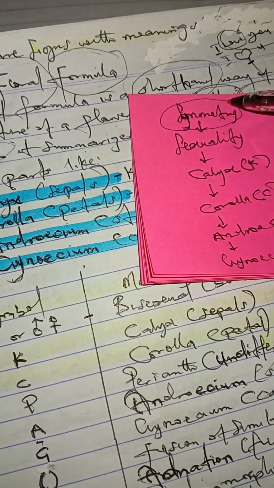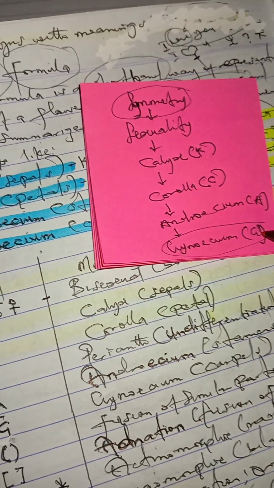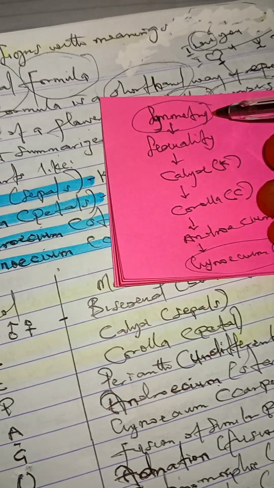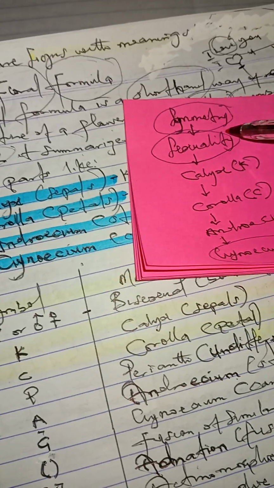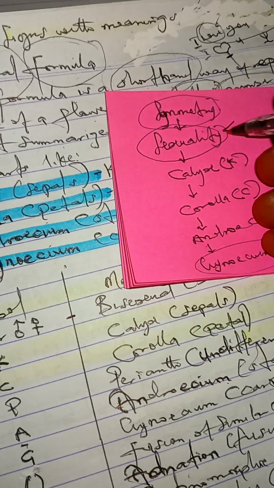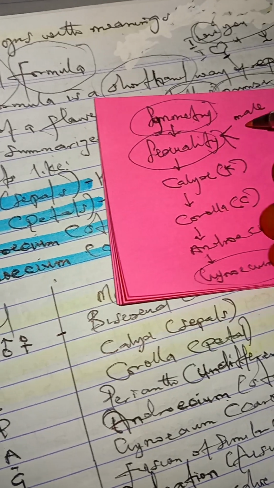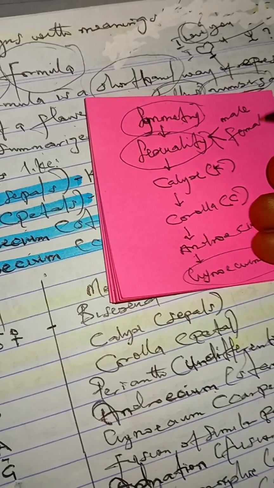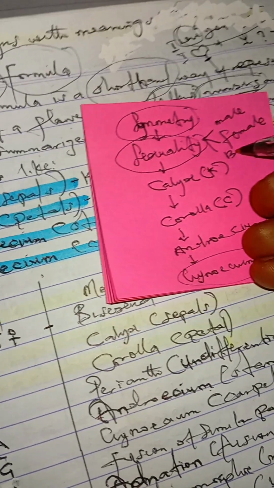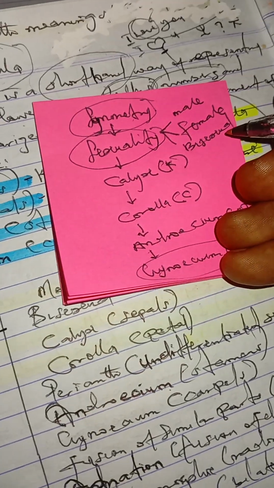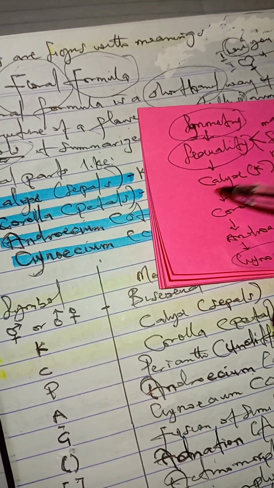Symmetry will always come first. Gynoecium will be the last. When symmetry comes first, which is about the body division, what comes next is sexuality. Sexuality talks about gender, whether it is male, or female, or bisexual. Are we there now? Then from there we have the other floral parts.